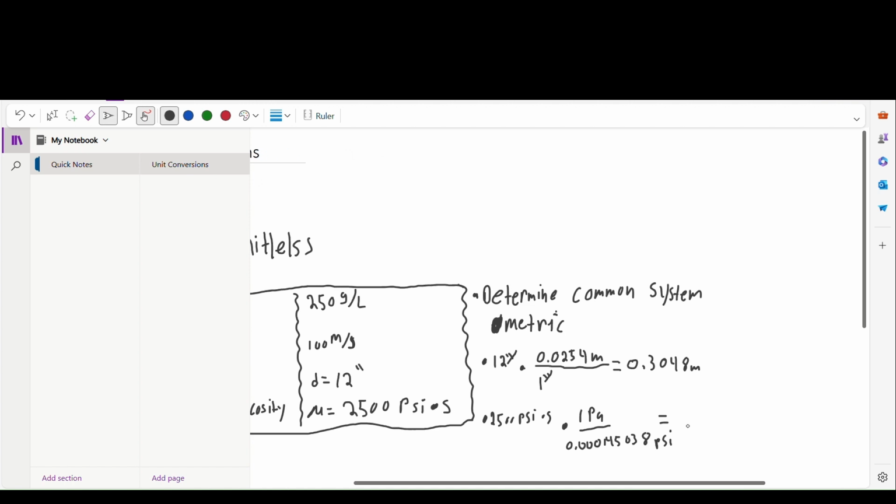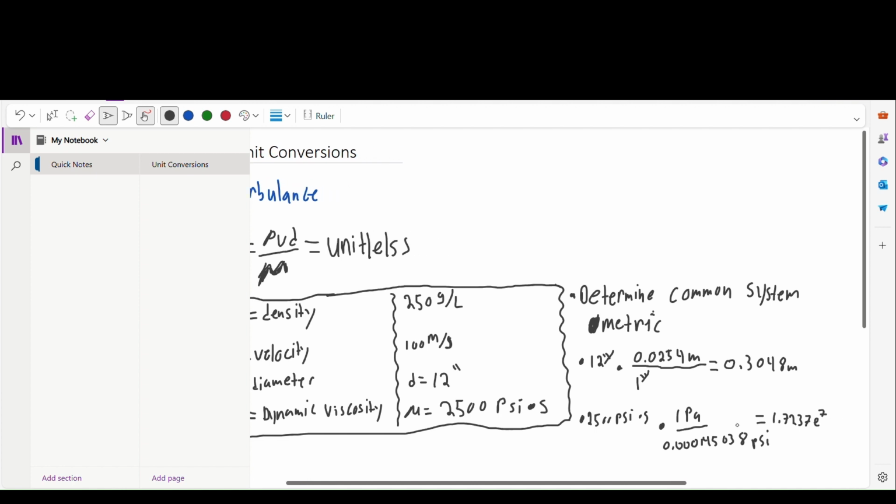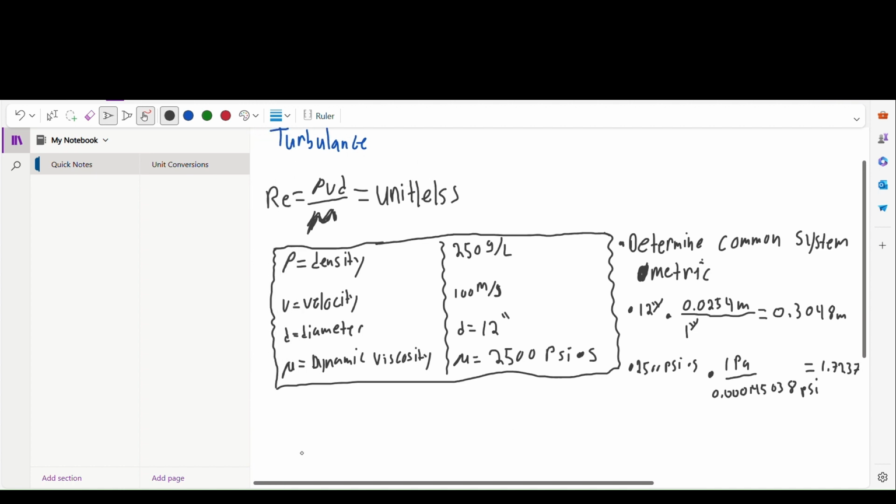It will give me 1.7237 times 10 to the 7th. That's what that E stands for. It's called scientific notation. So now we have these values, so we can now plug them into one more Reynolds number formula.